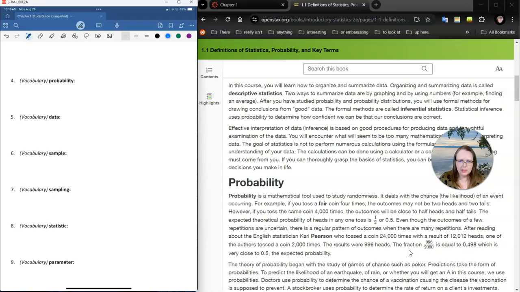And so the probability definition in the book here: a mathematical tool used to study randomness, and it tells us the chance of an outcome.